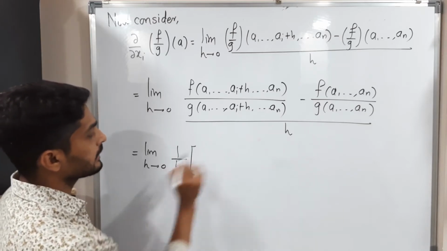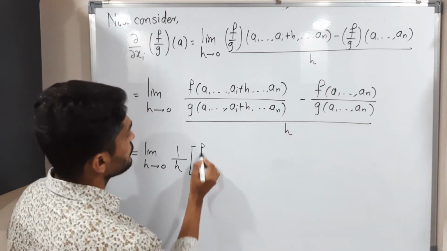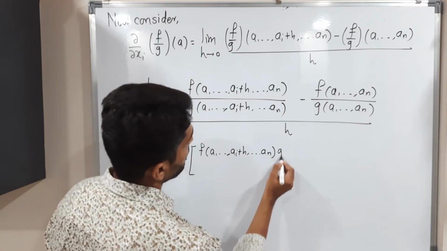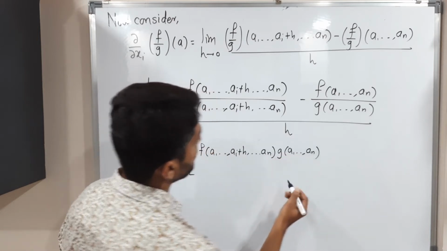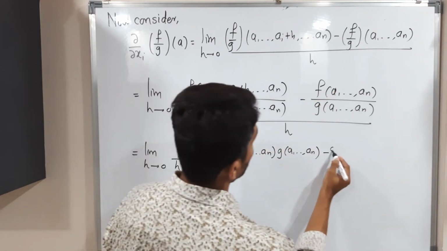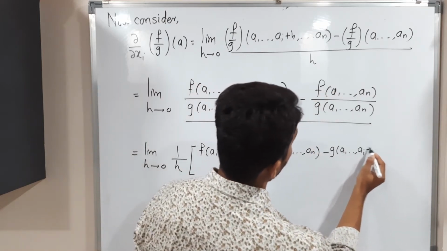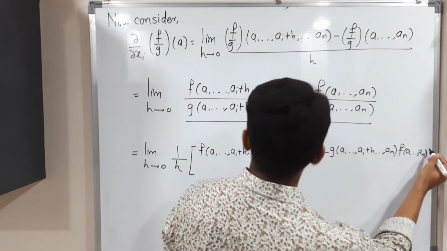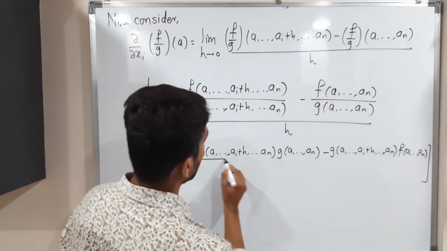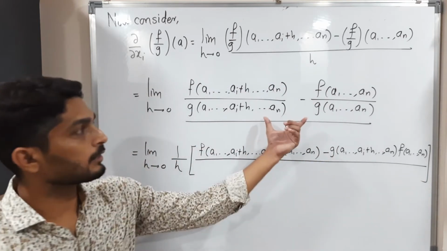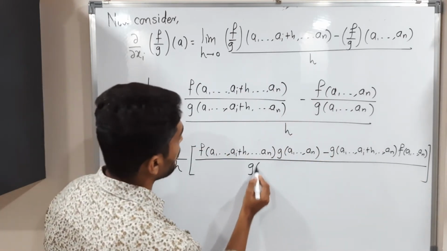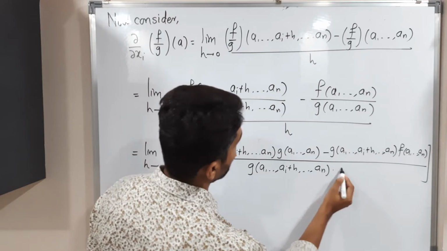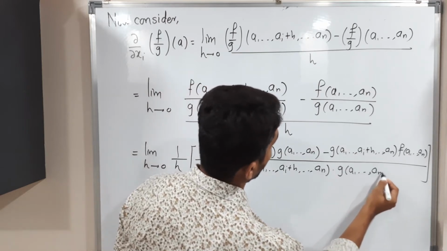Let us cross multiply: f(a1, a2, and so on, ai plus h, and so on, an) into g(a1, a2, and so on, an) minus g(a1, a2, and so on, ai plus h, and so on, an) into f(a1, a2, and so on, an), divided by the product of the two denominators: g(a1, a2, and so on, ai plus h, and so on, an) into g(a1, a2, and so on, an).